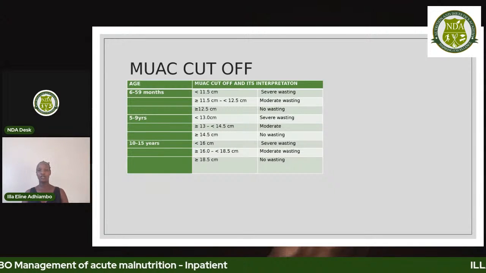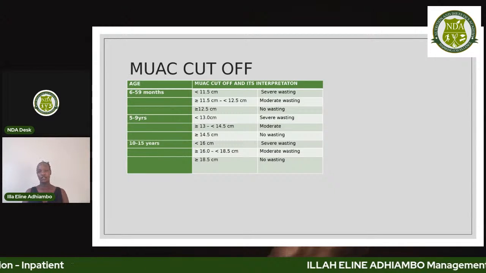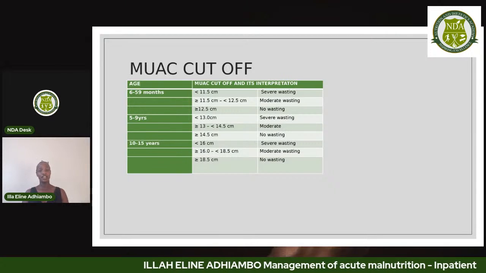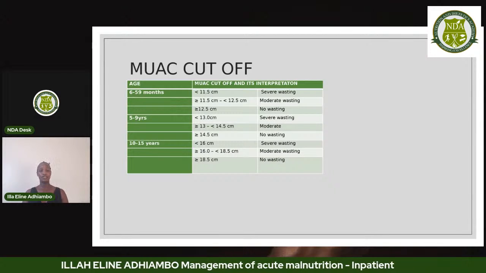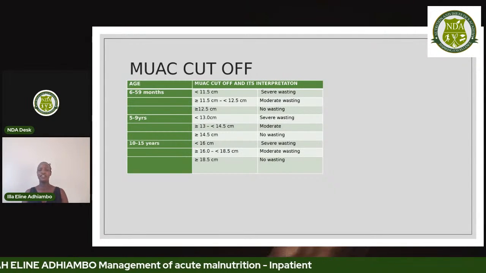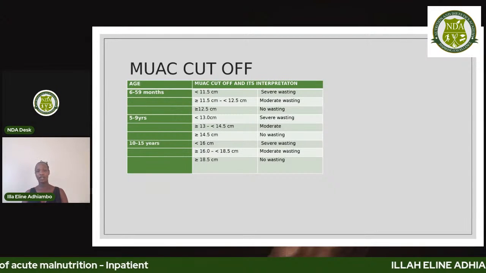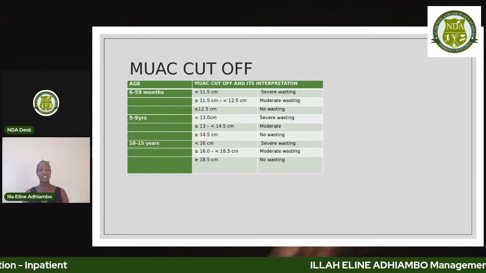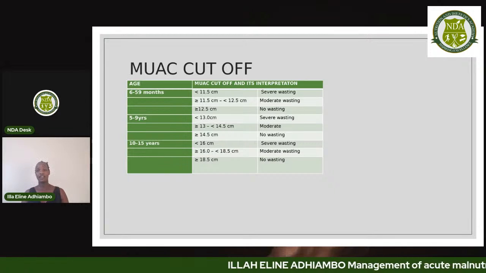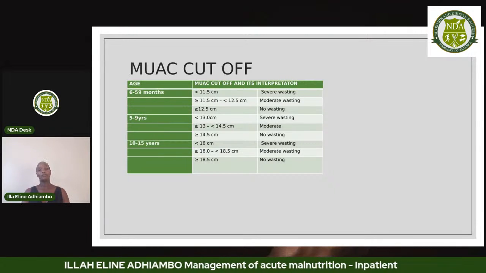So this child should capture our attention in this situation. And if it's a child between the age of 5 to 9 years, a mark of less than 13.0 centimeters. If it is a child who's between the age of 10 and 15 years, if it's less than 16 centimeters, this child is of concern to us.